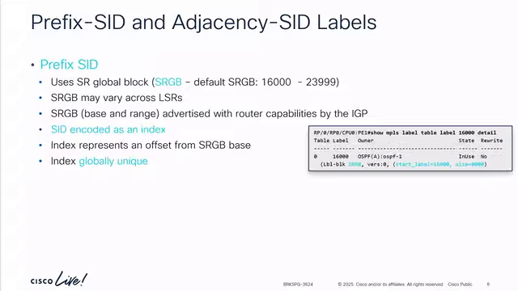So it will be a label, a number, attached to the loopback of one router. And it's globally unique, so you cannot make any mistakes in the configuration. And you see a command there to check that range where we will take those prefix SID labels from. Typically, by default, it's 16,000 to 24,000 minus 1. So 8,000 labels, plenty of choices. So that's one label, one prefix SID per router.